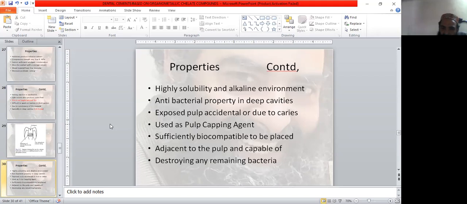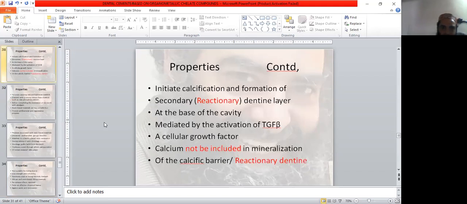It is sufficiently biocompatible to be placed adjacent to the pulp and capable of destroying any remaining bacteria, as previously discussed. It initiates calcification and formation of the secondary, that is reactionary, dentine layer. Not the secondary, but originally the reactionary, but at this stage you can write both.